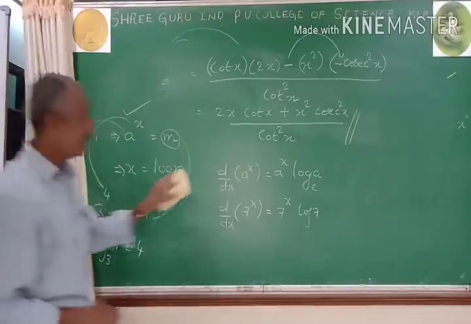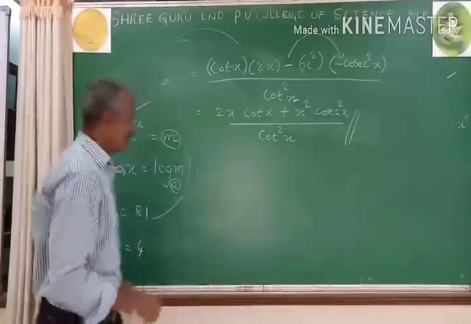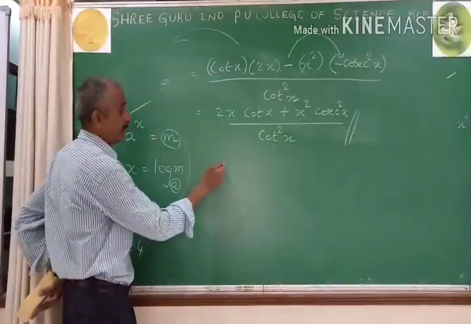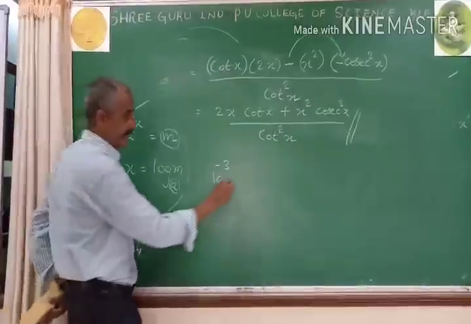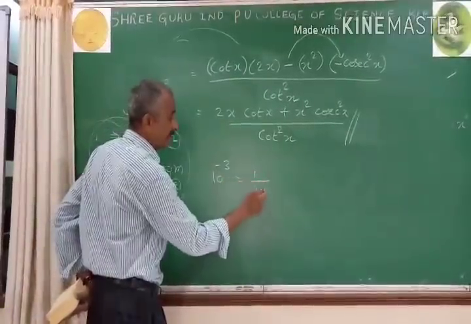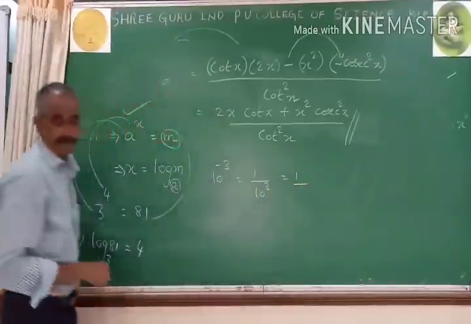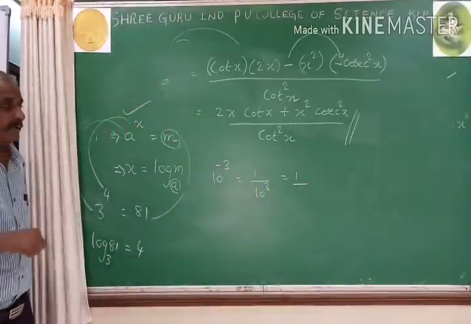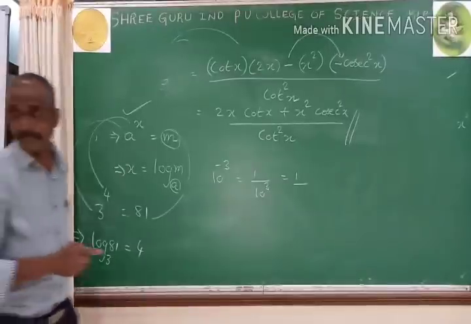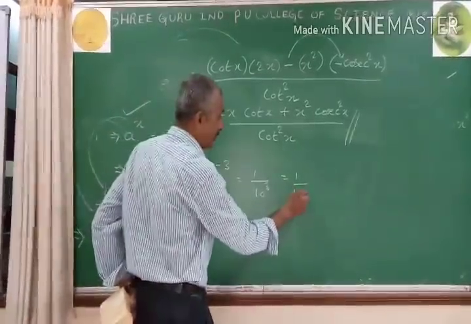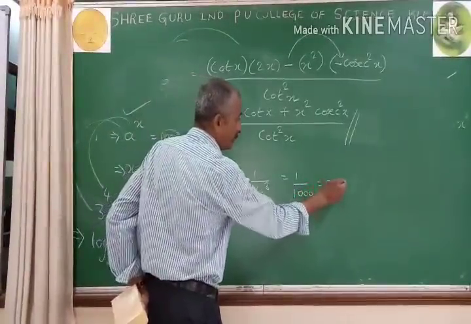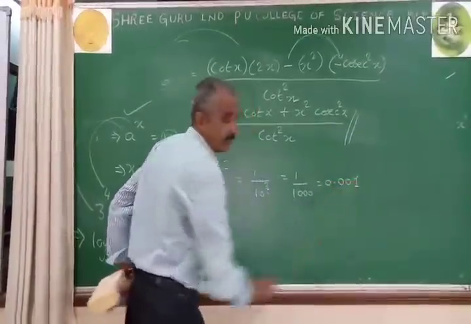Similarly, we know that 10 to the power of minus 3 is as good as 1 divided by 10 cube. What is 10 cube? 10 square is 100, 10 cube will be 1000. So 1 divided by 1000 is as good as 0.001.